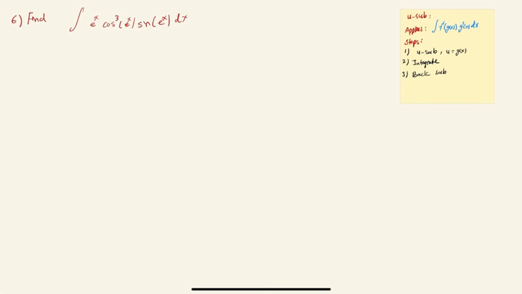Part 6. Find the integral of e to the x cosine cubed of e to the x times sine of e to the x dx. You may notice this is a way complex function, but actually this problem can also be solved using substitution.